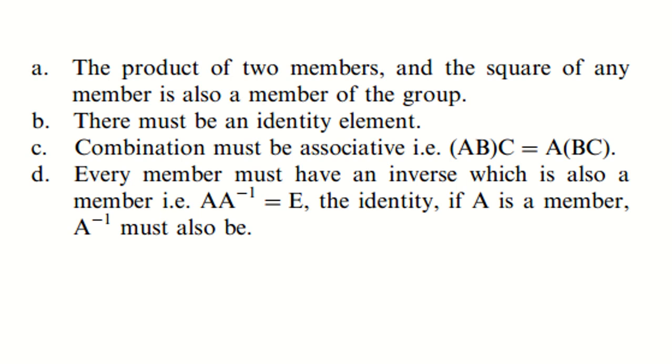If A is a member, A minus 1 must also be a member. So these are some rules that we need to observe while constructing the multiplication table of the water molecule.